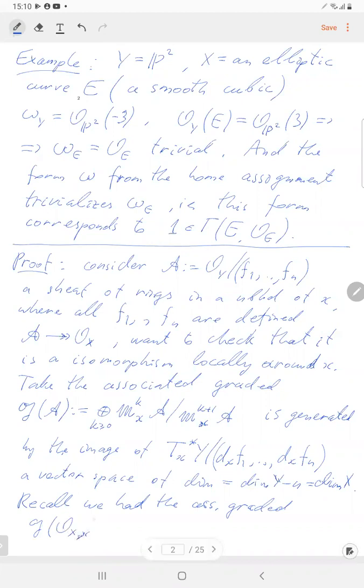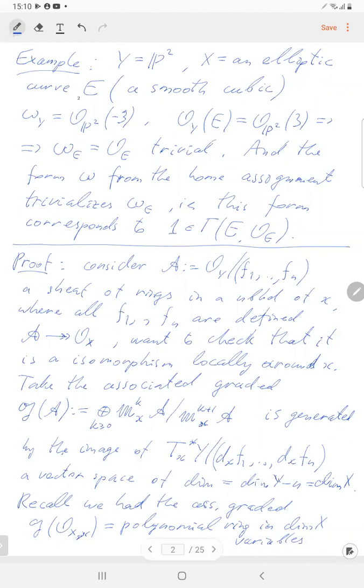The spectrum of this thing was the Zariski tangent cone, modulo taking the quotient by nilpotents. But anyway, this is the polynomial ring in dim x variables, right?